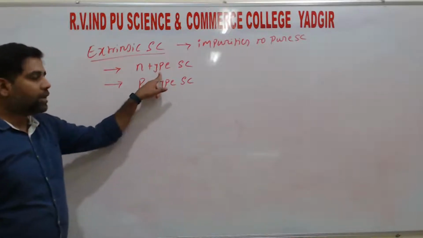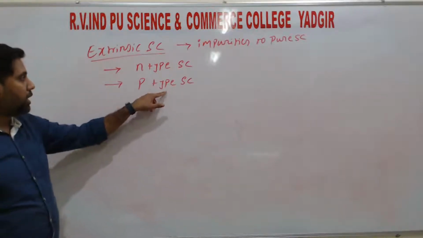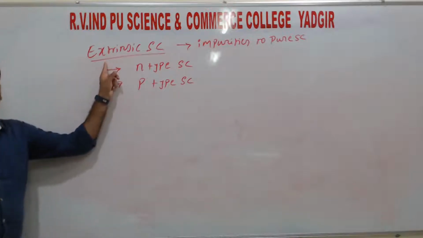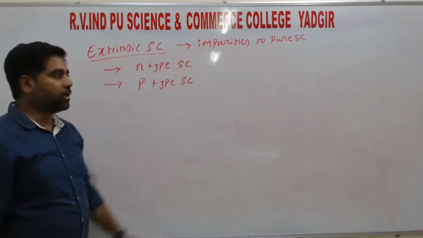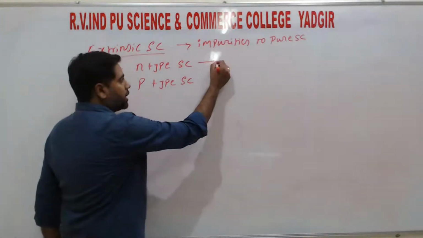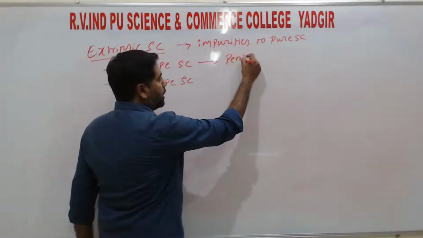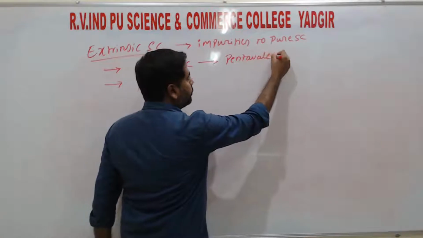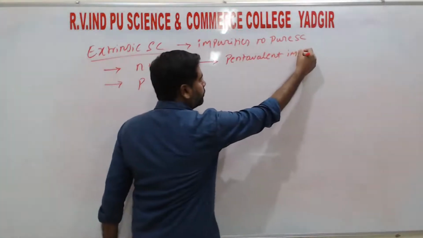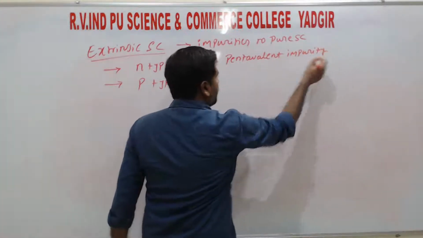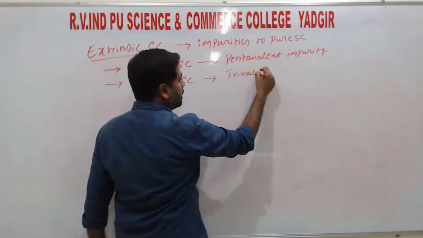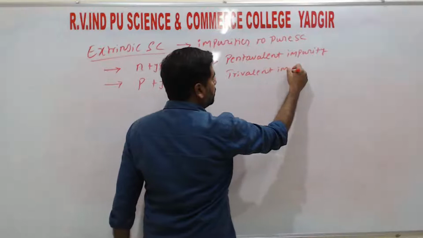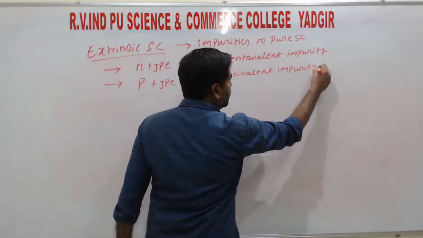So N-type semiconductor and P-type semiconductor are the types of extrinsic semiconductors. Here, in these two cases also, we are adding impurities. In N-type semiconductor we added pentavalent impurity, and in P-type we added trivalent impurities, right?